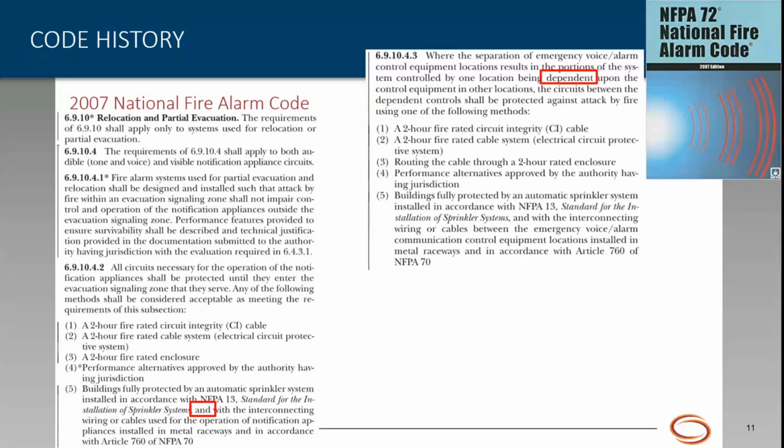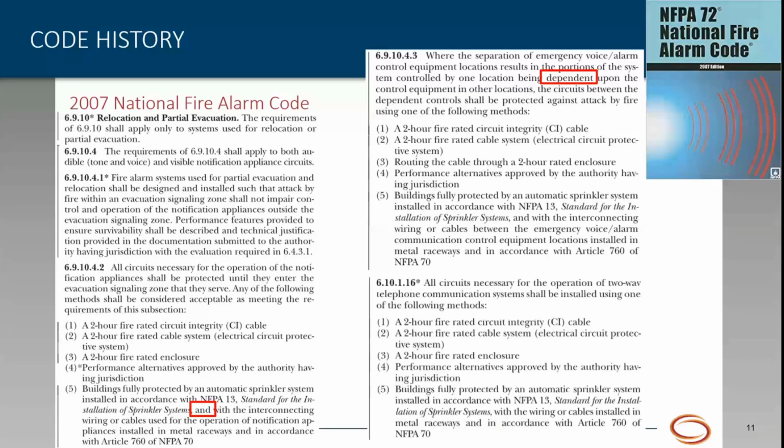We see this dependency that's created. And then for the first time in the 2007 edition, it added requirements for firefighter telephone systems to be survivable. So that came in the 2007. So now we have three major groups of survivability requirements: notification appliance circuits, dependent control equipment, and firefighter telephone.